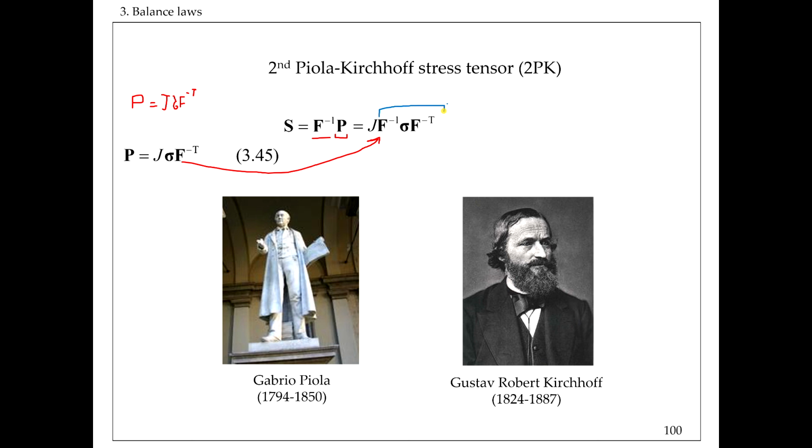If we try to transpose all this, depending on what part we want to work with, we still obtain the same result of F minus transpose sigma F minus transpose, and what helps us here is that we know that sigma is symmetric.